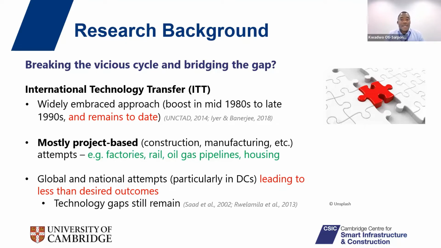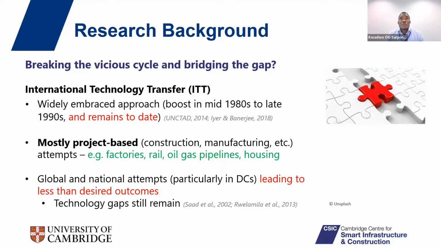This was widely embraced in the 1980s into the 90s and remains to date. There are examples of World Bank projects and also projects by other multilateral firms and multinational corporations that have been trialed in countries including Egypt, Rwanda, Uganda, Tanzania, and Ghana, all in a bid to try and bridge technology gaps.